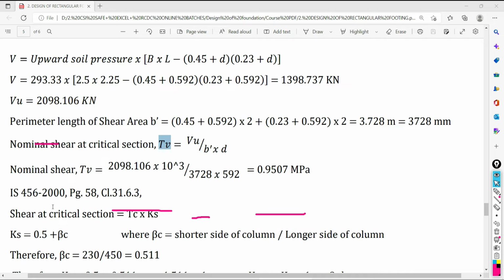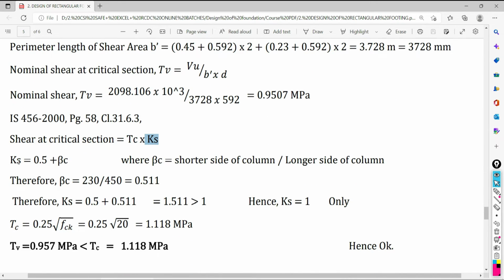As per referring to IS 456-2000 clause number 31.6.3, which is available on page number 58, the shear at critical section will equal to tau c multiplied by Ks. There is written that Ks equal to 0.5 plus beta c, where beta c is the shorter side of your column to the longer side of your column.